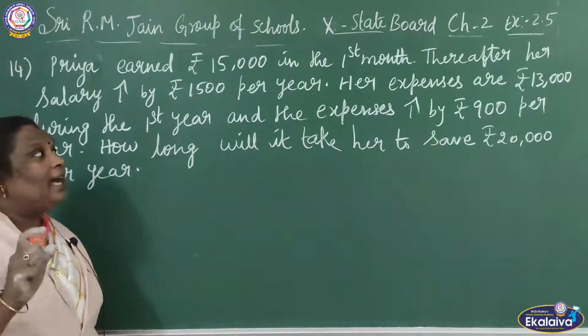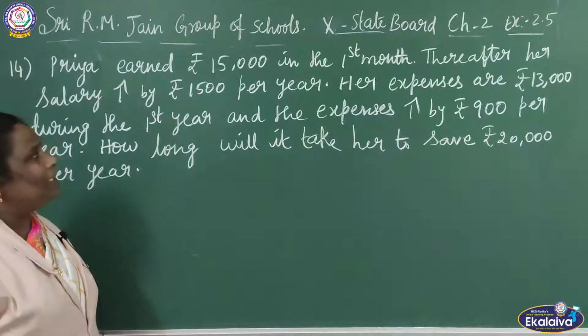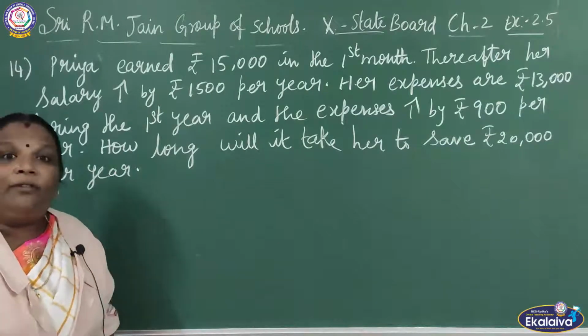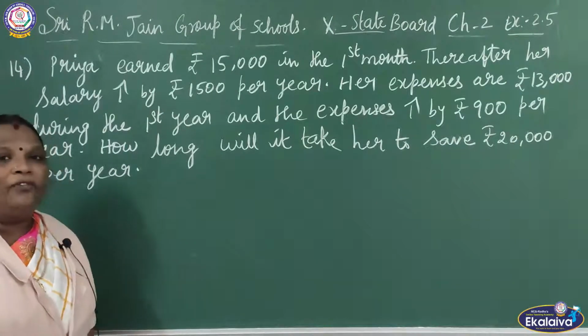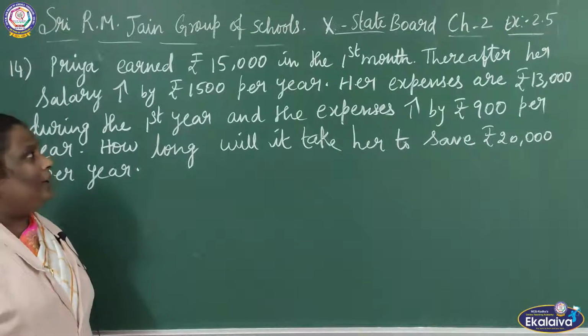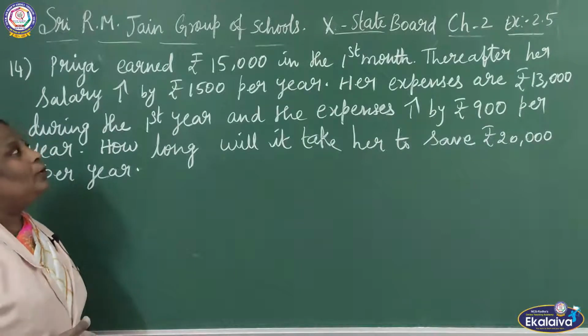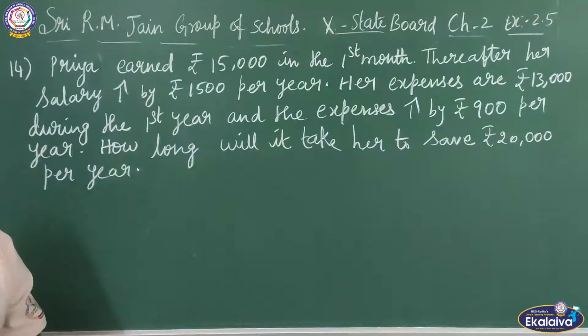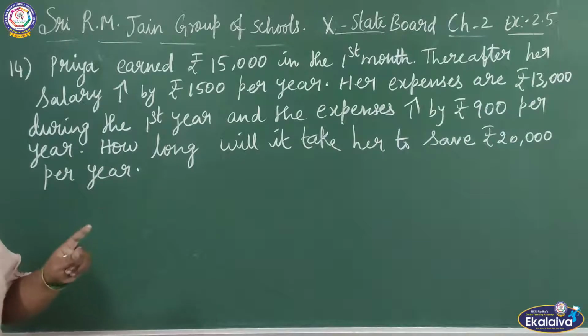See, her first year salary is 15,000. It will increase by 1,500 for the next year, means definitely she will get 16,500, but her expenses of rupees 13,000 also increased, see here, by 900 rupees.